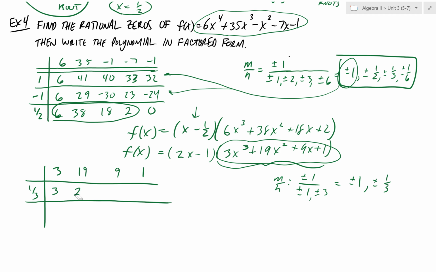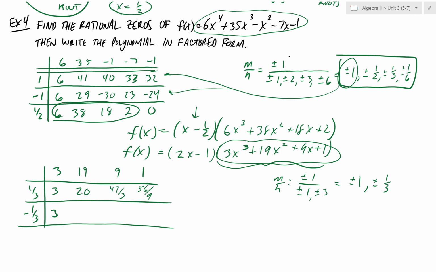So when I add, I get 20. Now when you take 1/3 of 20, it's going to get a little messy. We get 20/3. And we're going to add that to 9, which is 27/3. So we get 47/3. And then if we take 1/3 of that, we're going to get 47/9 plus 9/9 is 56/9. Definitely not 0.